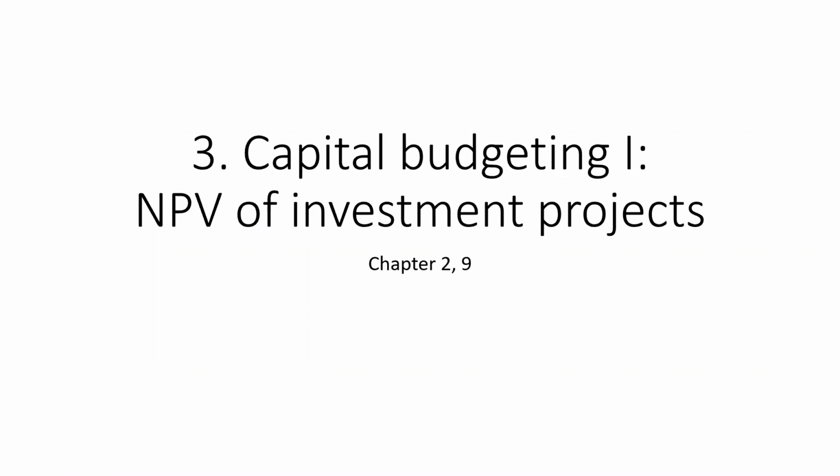So this slide is the first slide of capital budgeting. Capital budgeting is separated into three parts. The first part is what capital budgeting is trying to do: we want to make decisions on a company's investment.